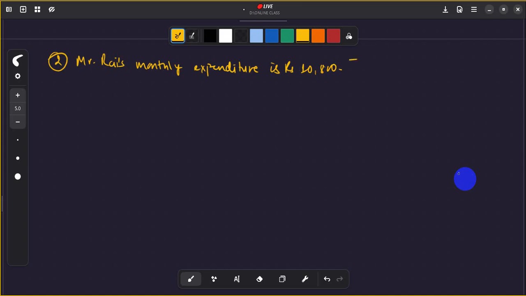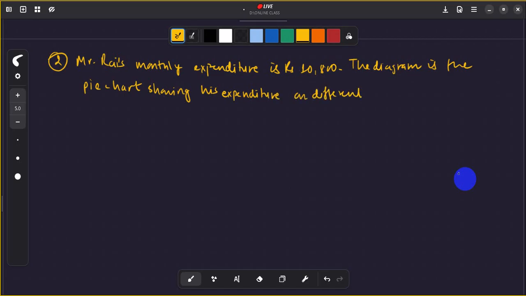The diagram is the pie chart showing his expenditure on different headings.